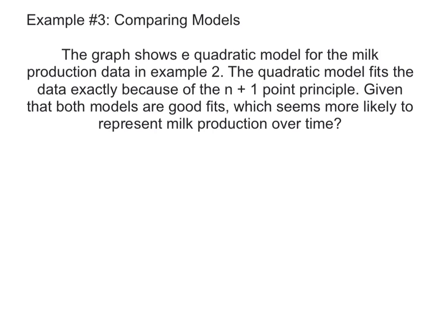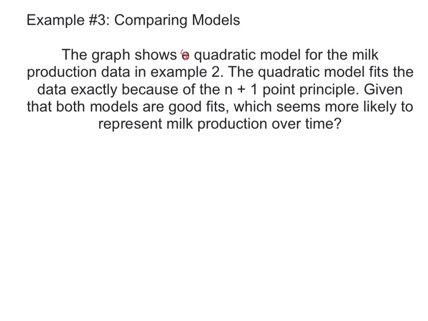All you need to know is that there's a graph shown in your book that shows the milk production model that was given in example 2 if I did it as a quadratic graph. The points from the milk production fit the data just about exactly. So it's asking, given that both models are good fits, which seems more likely to represent milk production over time?